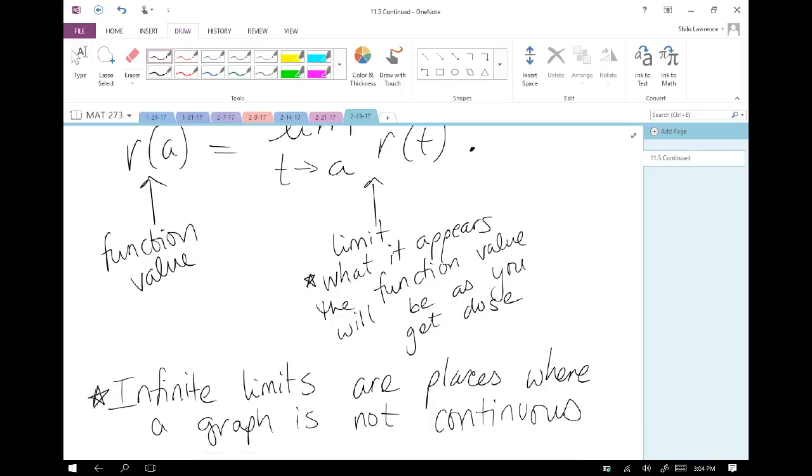Also with rational functions, if we're able to factor and cancel something in the denominator, that does not create an asymptote. Does anybody know what that creates? It creates a hole. That is a discontinuity as well.